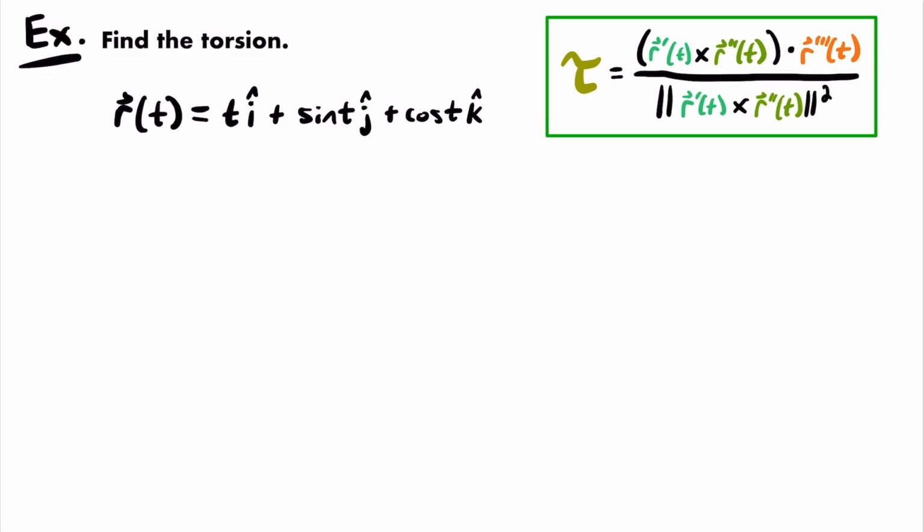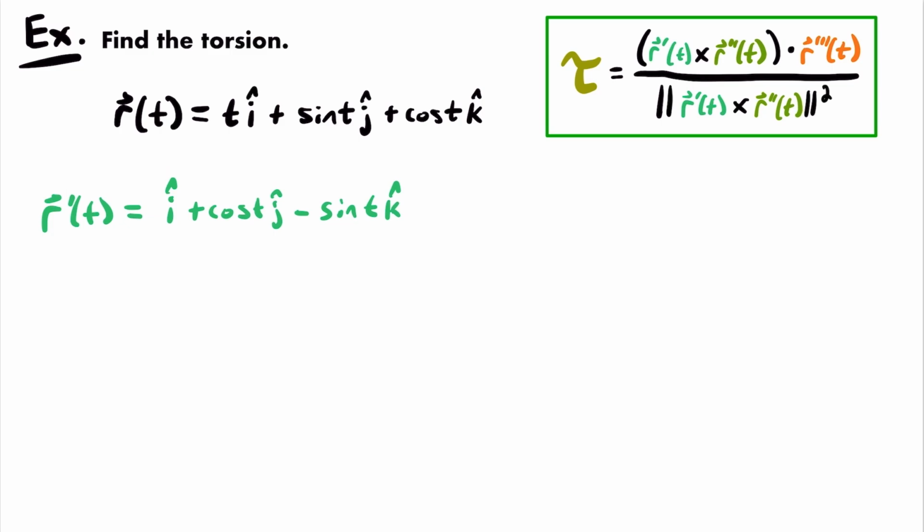To get started here, we have to actually find the first, second, and third derivatives of our vector function. So let's do that. Starting with the first derivative, r prime of t is equal to the derivative of these components. The derivative of t is 1, the derivative of sine is cosine, and the derivative of cosine is negative sine. So we have i plus cosine t j minus sine t k.